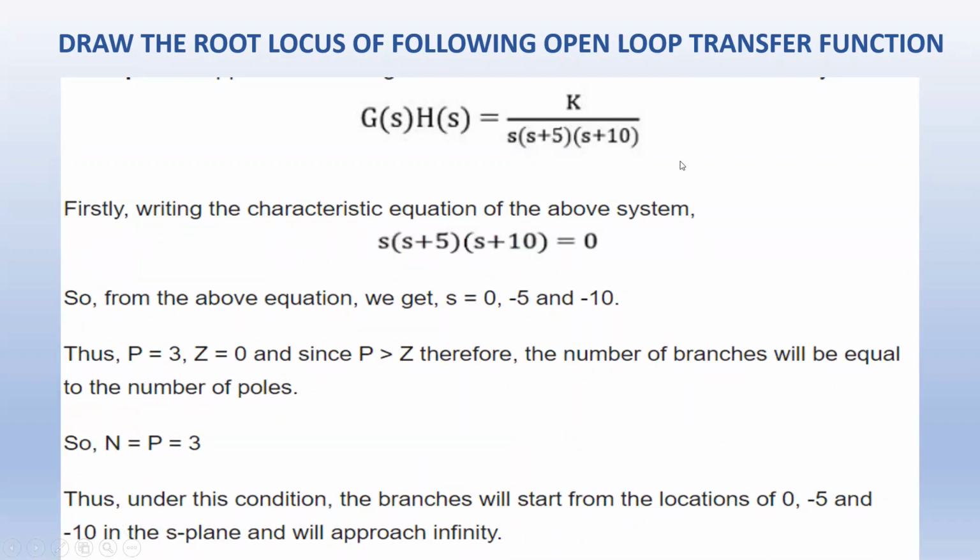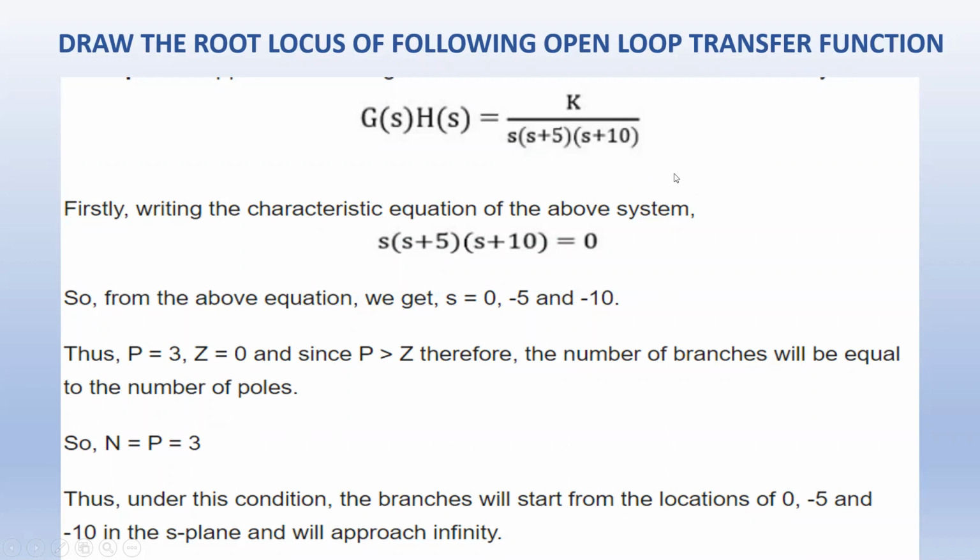Moving on to rule number two, that is the number of branches going to infinity. The number of branches going to infinity would be p minus z, where p is the number of poles and z is the number of zeros. So we have three poles and no zeros, so 3 minus 0 gives us 3.